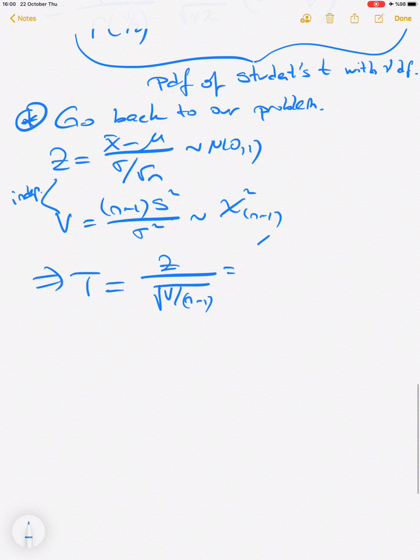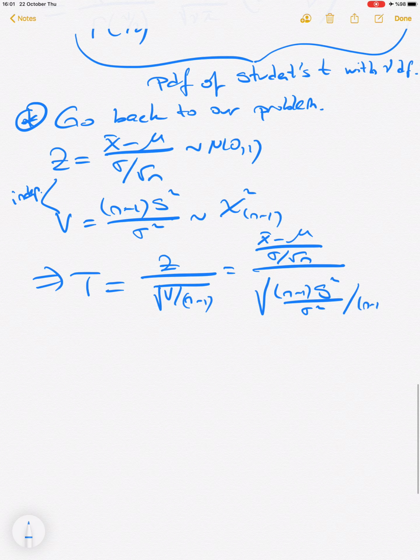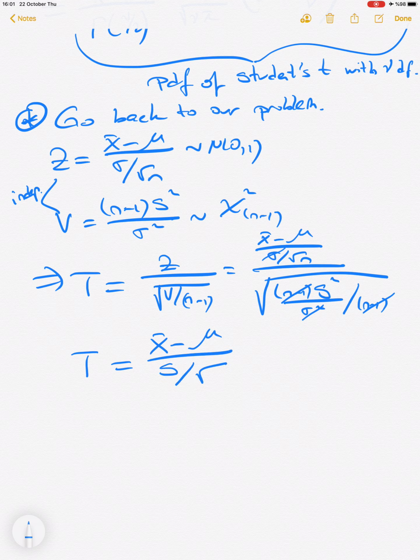So we have x bar minus mu over sigma over square root of n, divided by the square root of n minus 1 times s squared over sigma squared, divided by degrees of freedom. Here the sigma terms will cancel out, the n minus 1 terms will cancel out, and we have t as x bar minus mu over s over square root of n, and this has a t distribution with n minus 1 degrees of freedom.